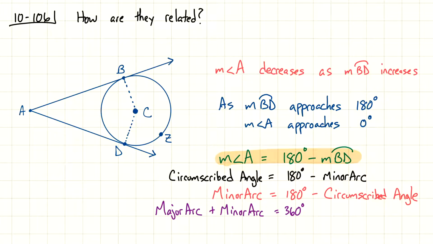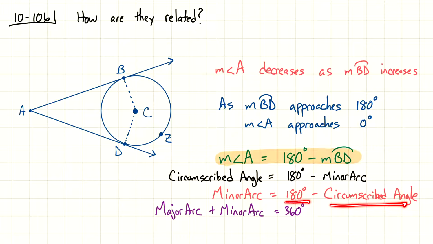Since that's true, I could easily rearrange this. What if I know what the angle is already, but I want to know what the arc is? Well, we could rearrange this formula so it says the minor arc is equal to 180 minus the angle.